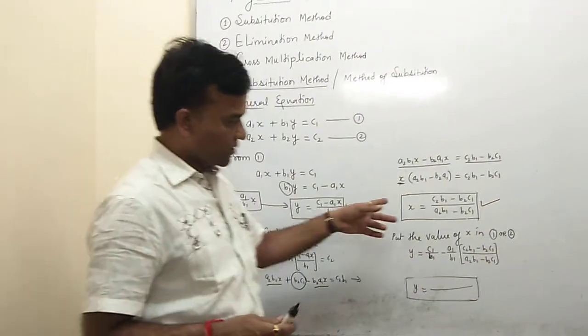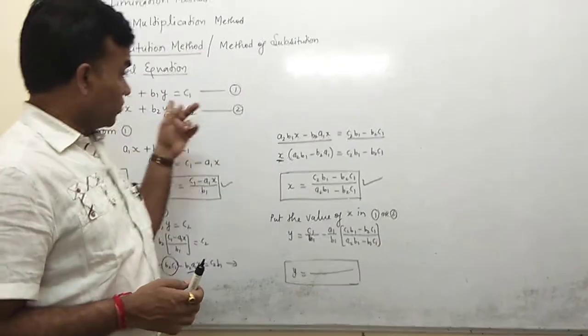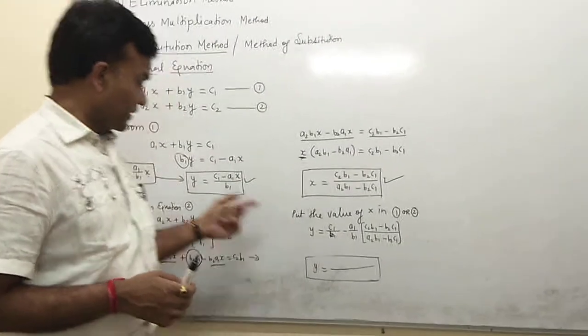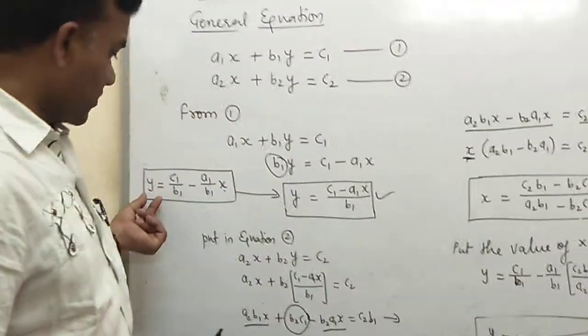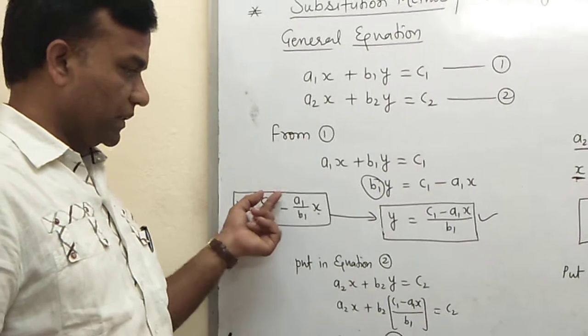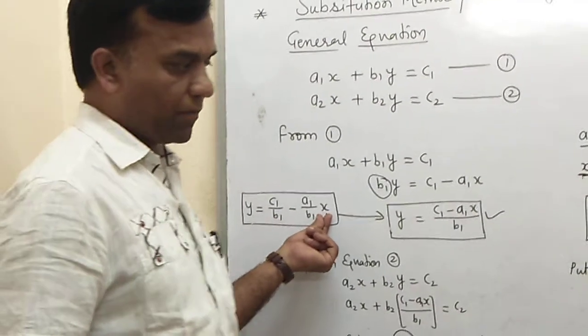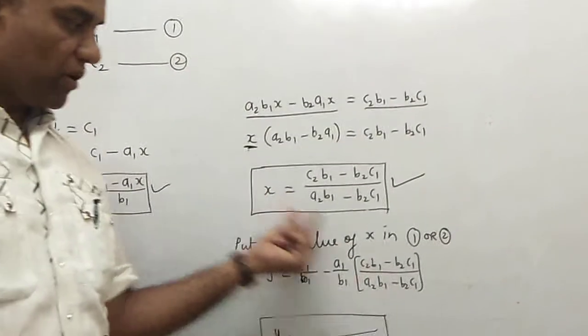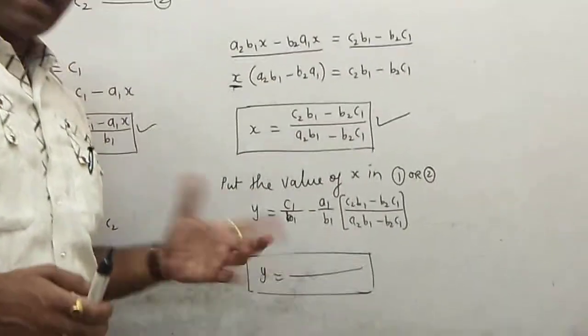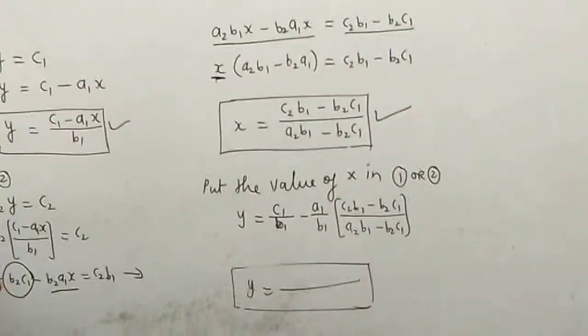Now you put this x in either equation, here for y equal to c1 upon b1 minus a1 upon b1 x. Put this value of x in place of x, simplify, and you get the value of y. So this is a very easy process.